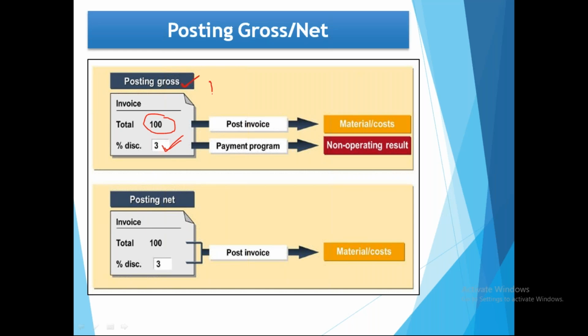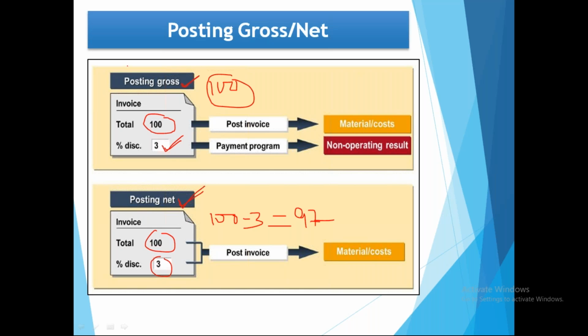You will be posting the total 100. Now let's say you want to post the net value. Your invoice value is 100, and you give 3%. So 100 minus 3, that means you will be posting 97, whatever euros or INR it is.